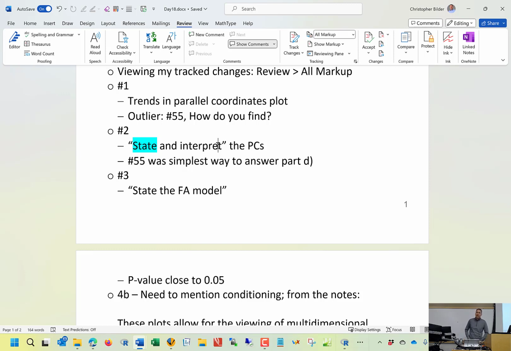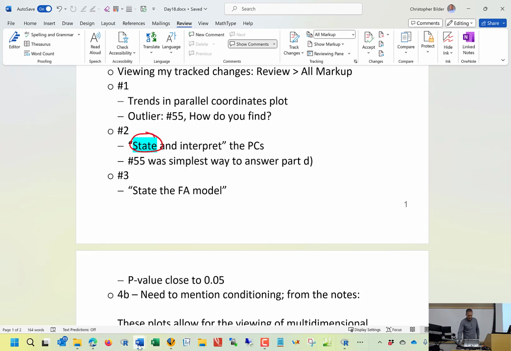Sometimes students would miss the state part. Sometimes maybe 1 or 2 students missed the interpret part. But you have to state it, you can write out the equation, and then interpret it. Unfortunately, some easy points were missed there because the whole problem wasn't answered.